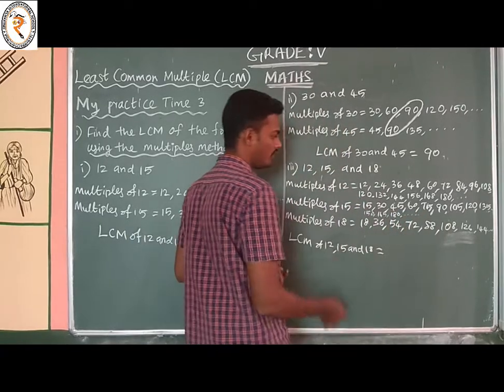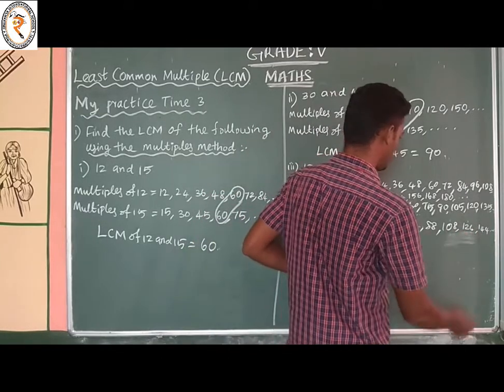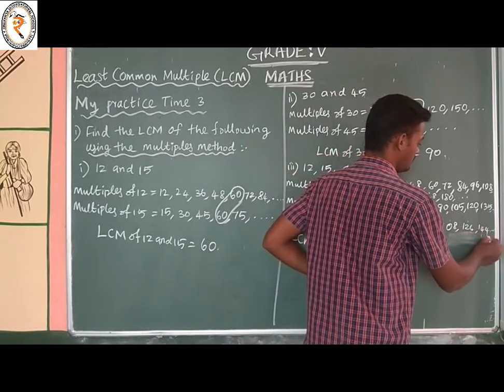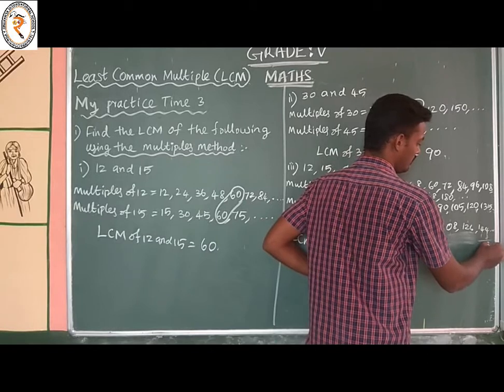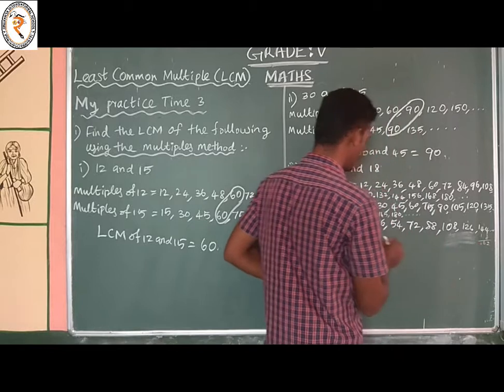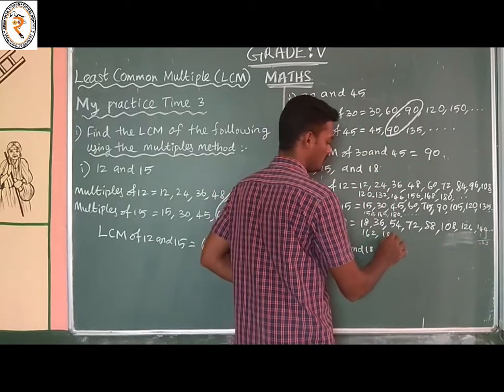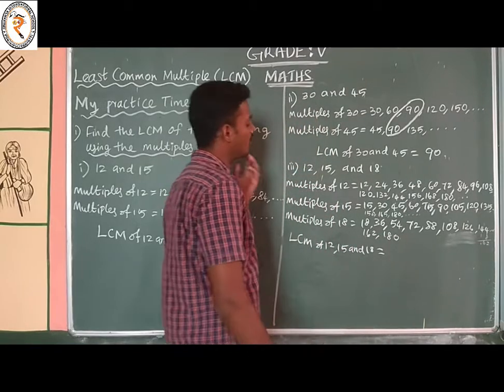The multiples of 18 continue 144, 162, 162 plus 18 is 180.